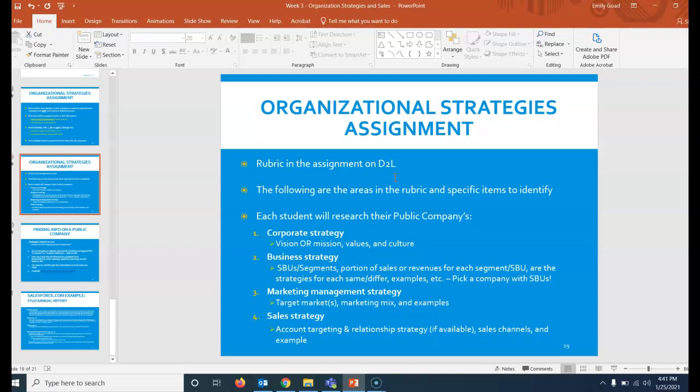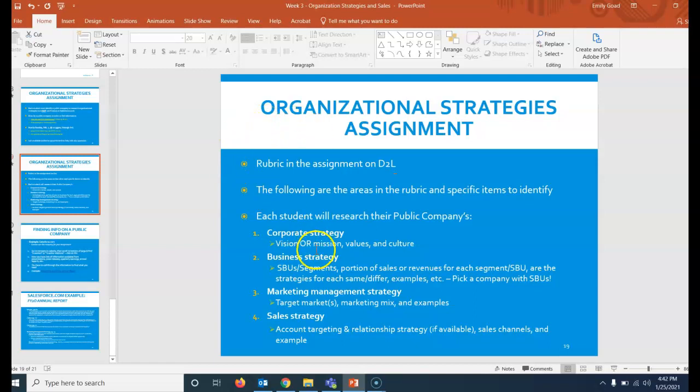So you want to pick a company that has strategic business units. For the marketing management strategy, you're going to give me target markets, marketing mix, examples of what those specifically are. And then lastly, the sales strategy, you're going to tell me their account targeting and relationship strategy, if it's available, sales channels, an example of sales channels.